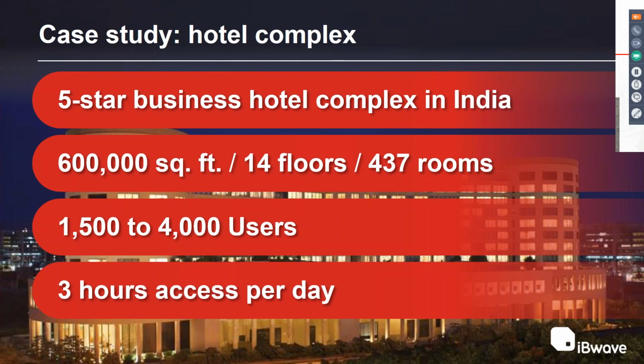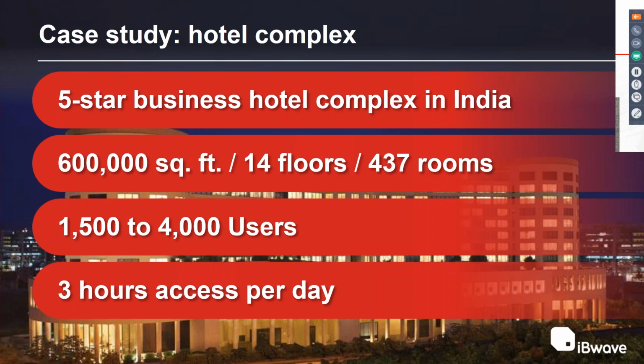The total area is approximately 600,000 square feet, spread over 14 floors, and the total number of rooms is 437. The floors include 2 basements, and the rooms also include several conference rooms as well. So this will obviously have different user concentrations in there, but it's just a total number of rooms.